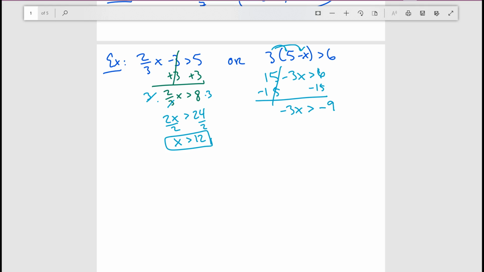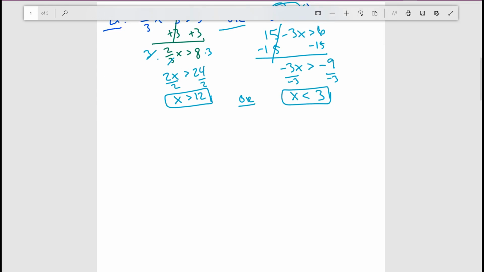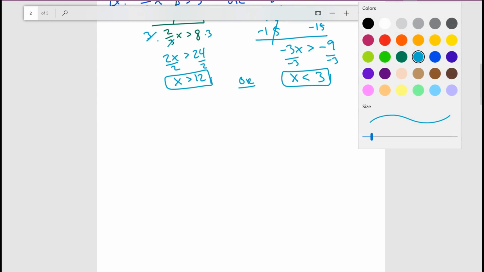Now I'm going to divide by negative 3. Because I'm dividing by a negative, I'm going to switch the sign to a less than, so x is less than positive 3. And this is just an OR. Remember, still an OR. Okay, so now let's finish this up.